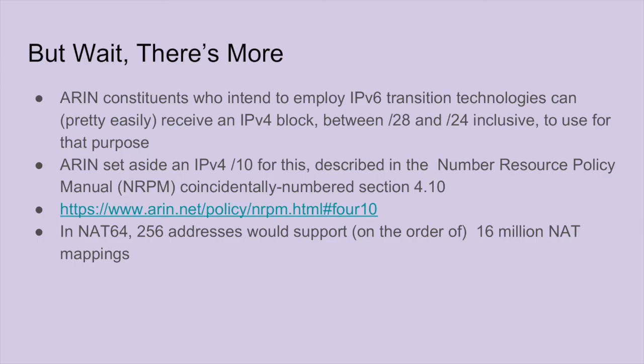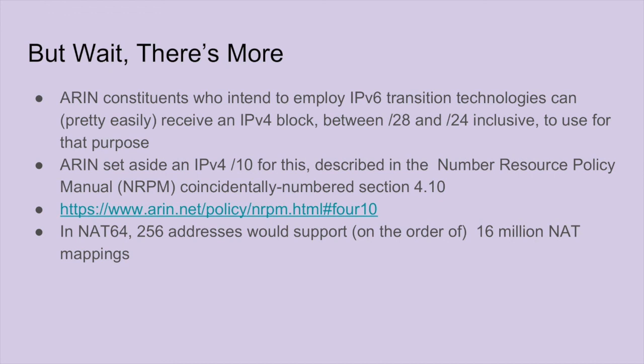But wait, there's more. ARIN constituents, which is almost everybody, sorry, David, in the room who intend to employ IPv6 transition technologies can pretty easily receive an IPv4 block in size between a /28 and a /24 to use for that purpose.